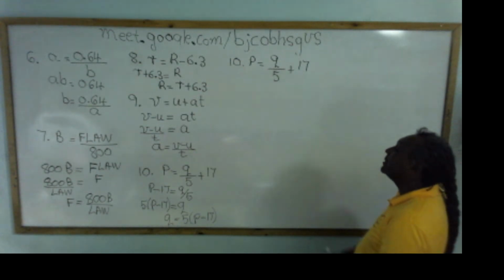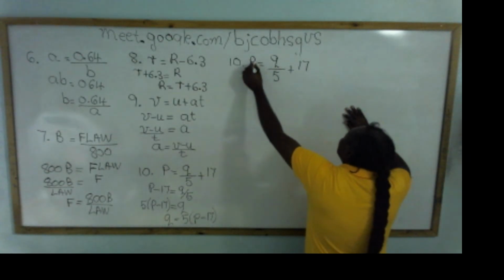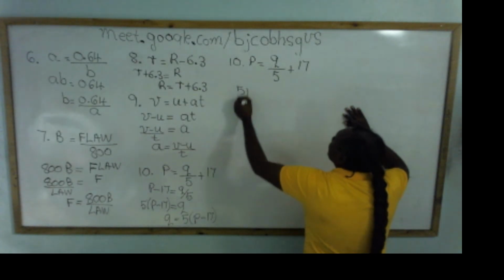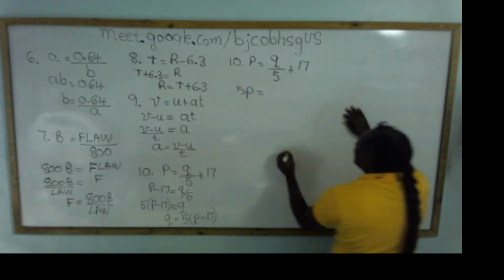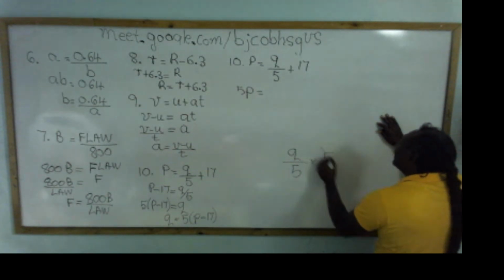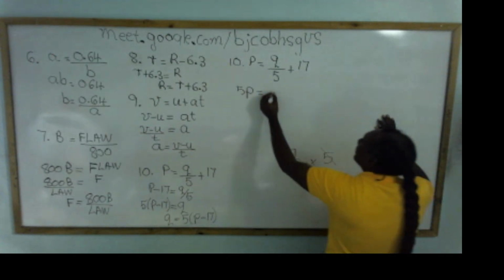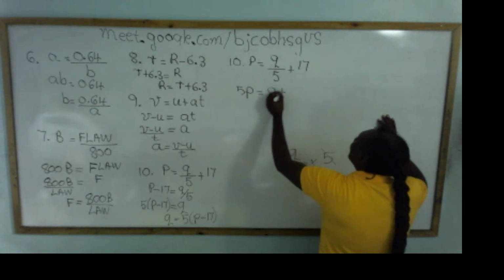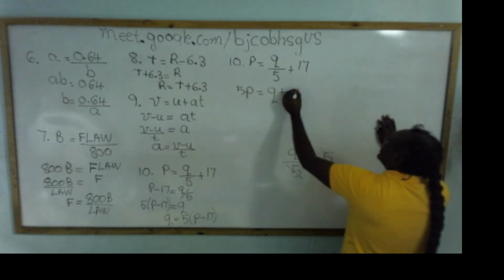So let's begin. If we multiply p by 5, we are going to get 5p. If we multiply q over 5 by 5, the 5 will cancel, and that will give us q. And then when we multiply 17 by 5, we get 85.